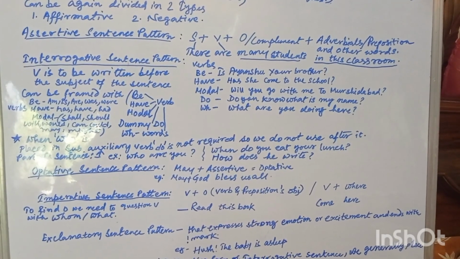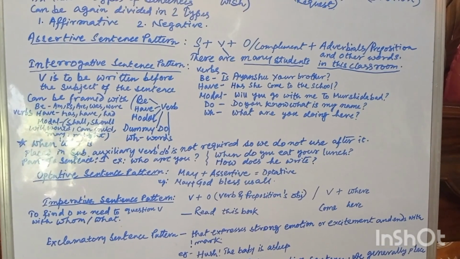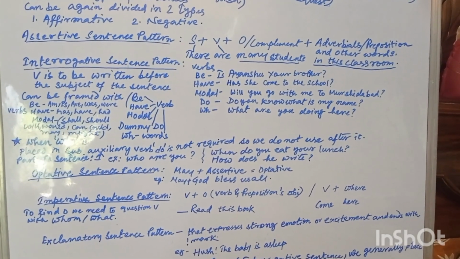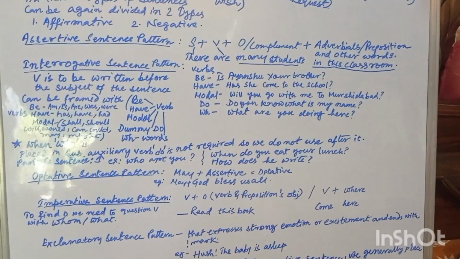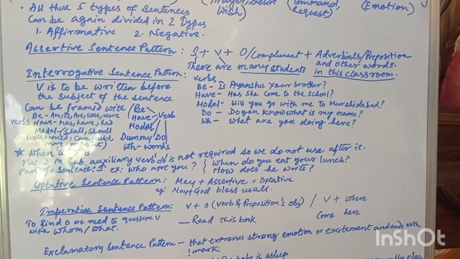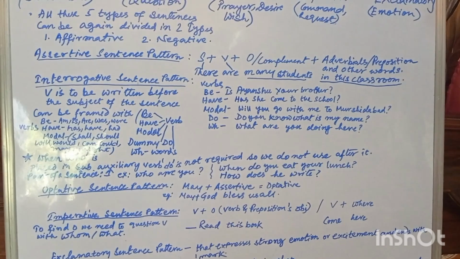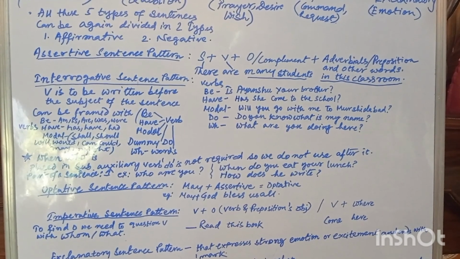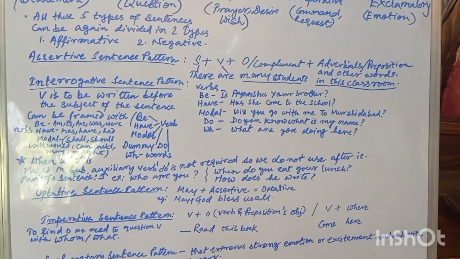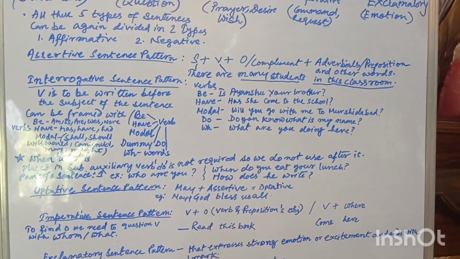Subject is there, verb is are, object is many students. In this classroom is the other words. In is a preposition, and this classroom I have used as a demonstrative adjective.